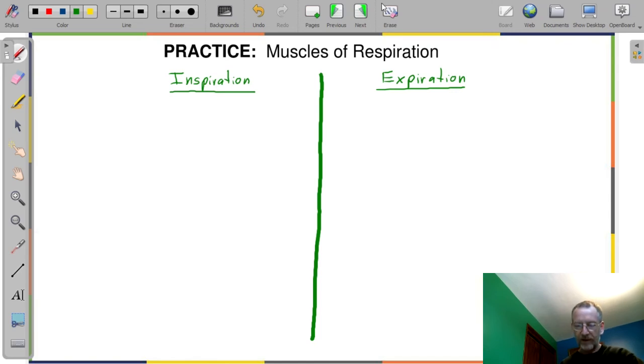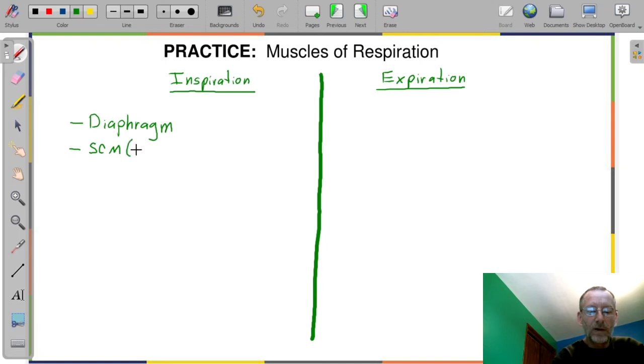Okay, let's go ahead and fill this in. Muscles of inspiration that we just talked about. The main one is the diaphragm. And the sternocleidomastoid, which, if you're okay with the abbreviation, it's a lot quicker, but we'll spell it out.